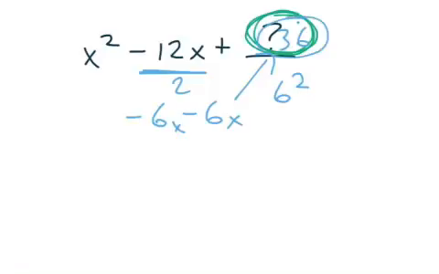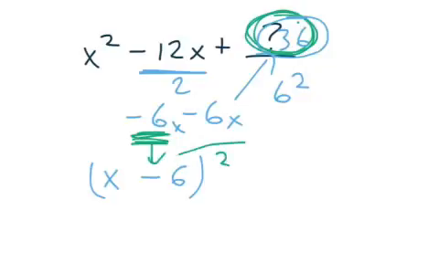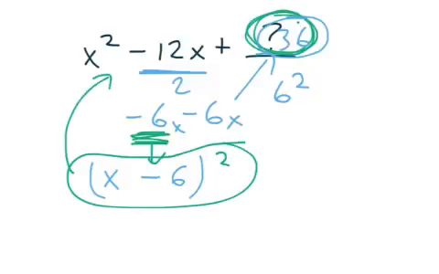So the number I need there is 36, because when all is said and done, I'm going to have x minus 6. Notice minus 6, right? Watch your signs right there. Squared. X minus 6 squared is the same as the original problem as long as I add 36 to it.